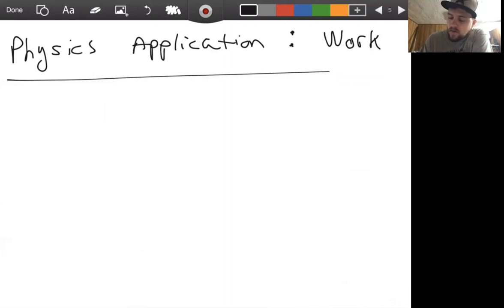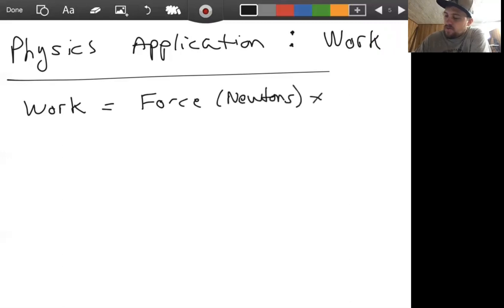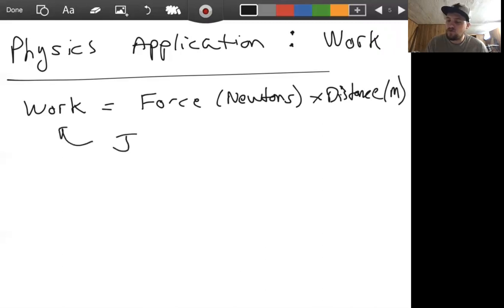So remember, in general, work is force in newtons times distance. It's how much force you apply and for how long you apply it, and distance can be in meters, right? And work is given in joules.